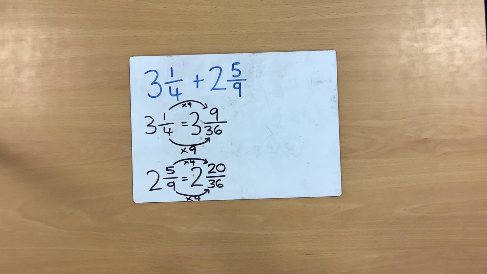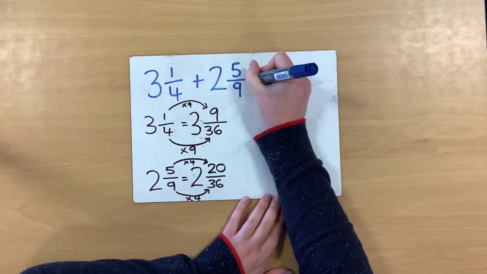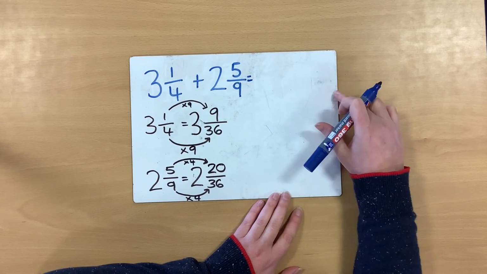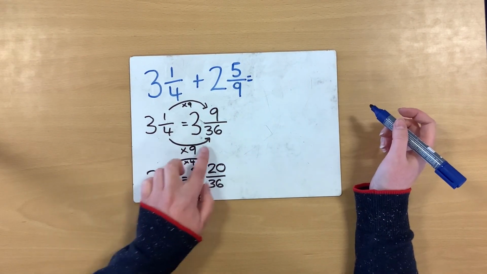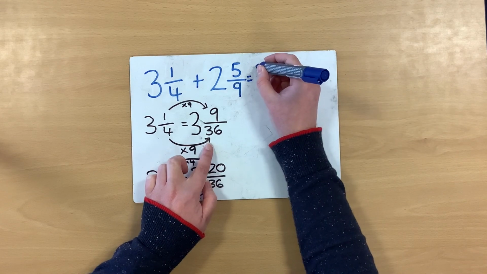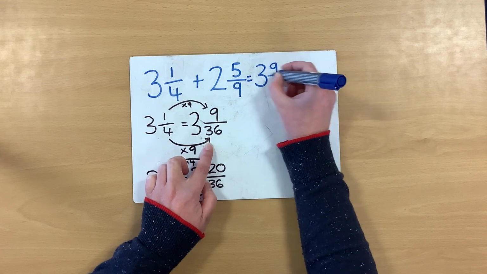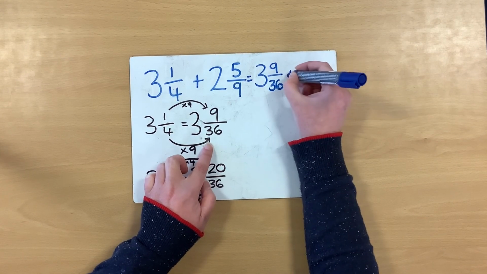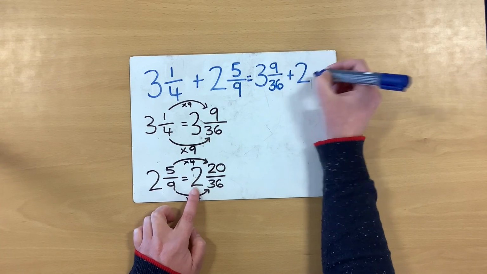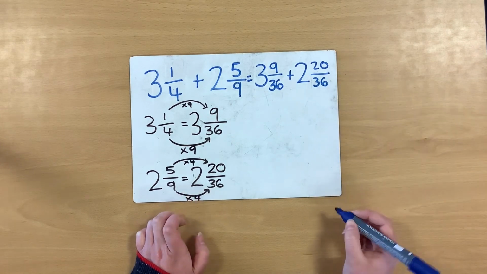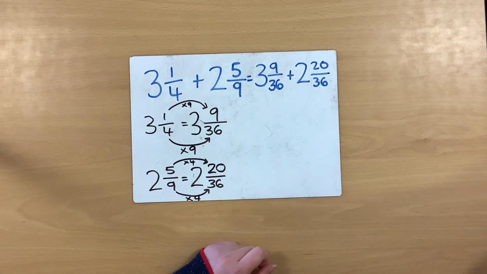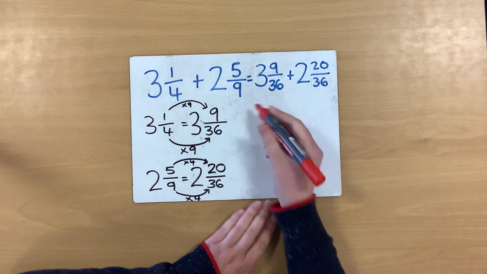Now that I've converted my fractions, I can add them together. So I'm going to write out my new mixed number calculation: 3 9/36 add 2 20/36. What I'm going to do first is add my wholes.